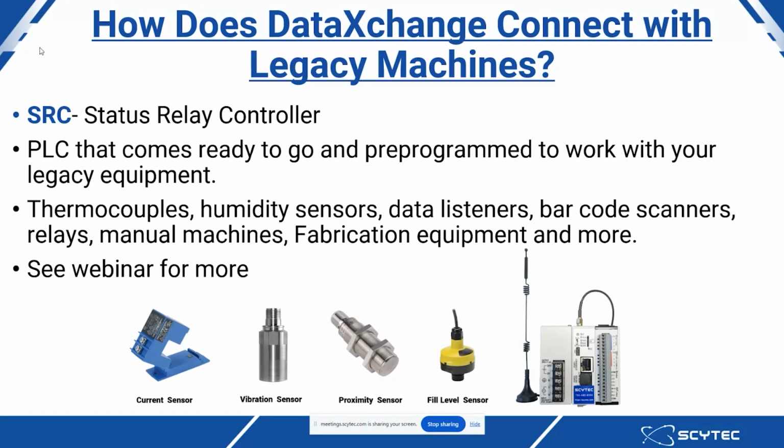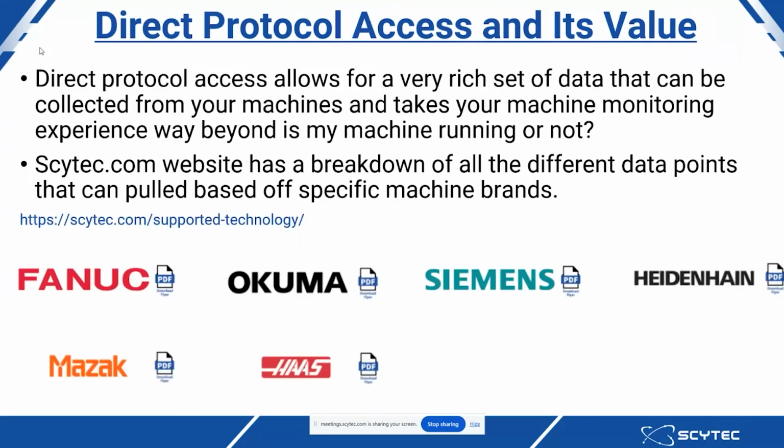And we have a specific webinar on this as well, where we dive into how the SRC can help you utilize all of the machines that are on your shop floor so that they are privy to the benefits of machine monitoring.